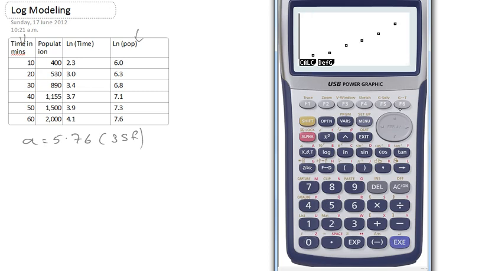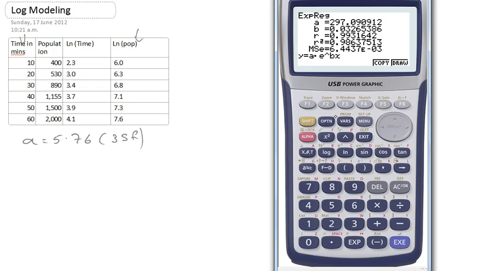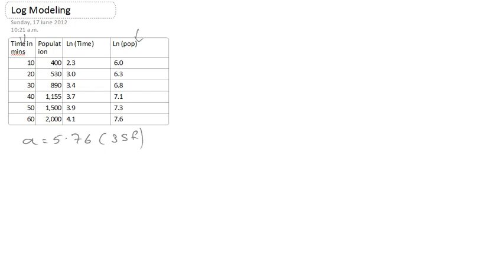I'm going to draw the graph, I'm going to go calculate, I'm going to give me my exponential, and there you go, that makes more sense. So let's scrub that out.